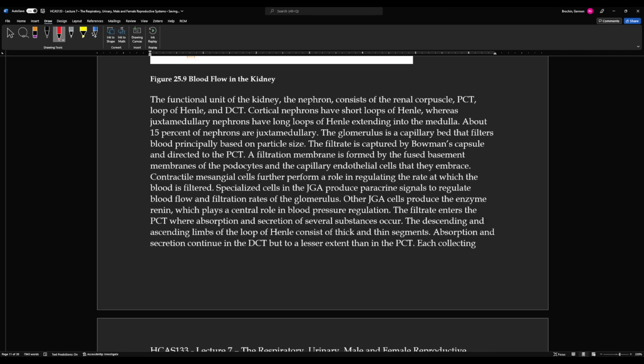Another important aspect that's not on that document is what's called juxtaglomerular cells. These guys help regulate the ability of the kidney to filter. So they can increase or decrease, and they play a major role in sensing blood pressure.